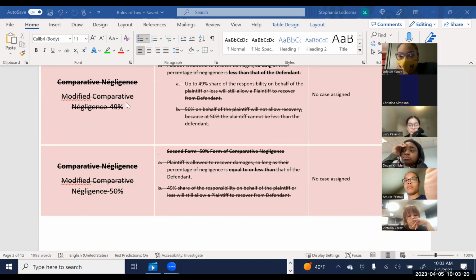I struck through the comparative negligence 49% because I'm not testing it, right? So if you're keeping a similar chart, it's not that the information is not correct. It's just that it's information that we're not going to cover in the summative assessment, right? Because you can always go in and reverse a strike through. So for the purposes of studying, I just struck that through.